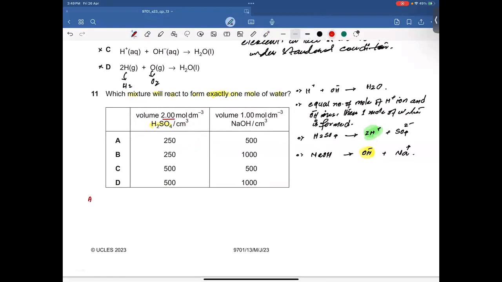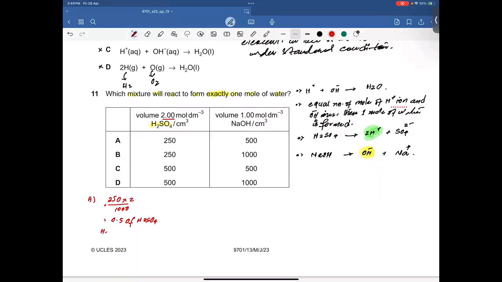For option A, we have 250 cm cube of H2SO4. We have 2 mole per dm cube H2SO4 divided by 1000. Obviously, I will get moles of H2SO4 as 250 into 2 divided by 1000, so it's going to be 0.5 moles of H2SO4.